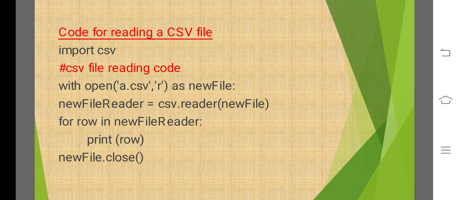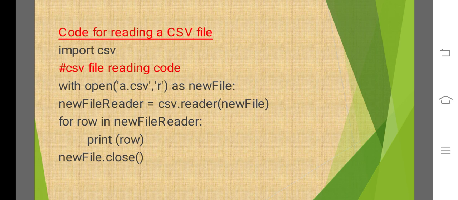For that, we use a for loop: for row in new_file_reader, print(row). That means it will display the rows one by one. After displaying all the records of that CSV file, we have to close our file. This is your coding part.